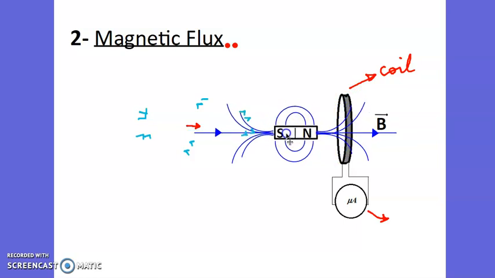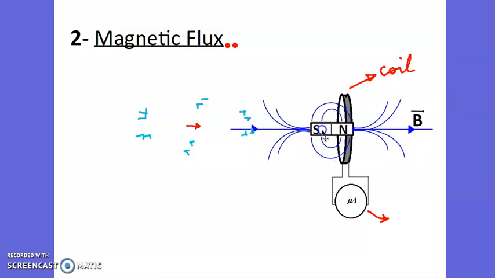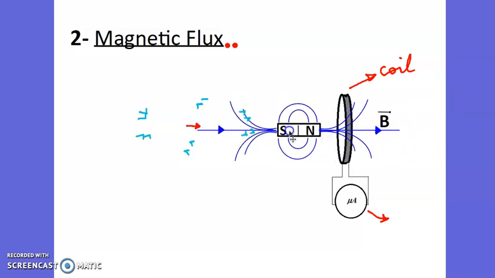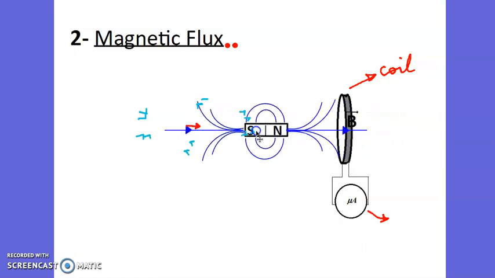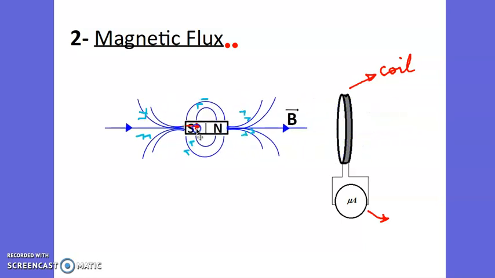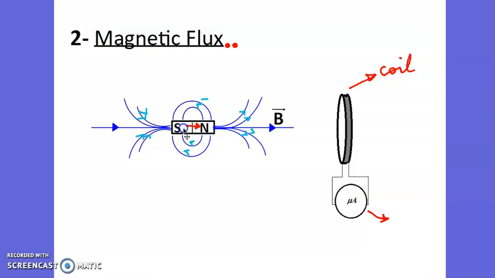As you approach the magnet, the magnetic flux increases because the number of lines increases. If you move the magnet away from the coil, the number of lines decreases, which means that the magnetic flux decreases, okay? But in this case, and only in this case, while the flux is increasing or decreasing, we observed electric current in the microammeter.